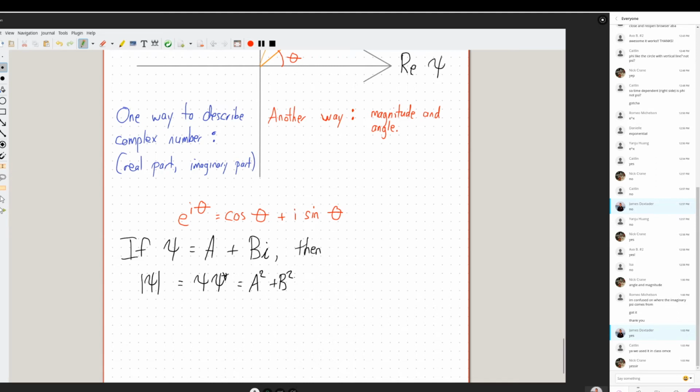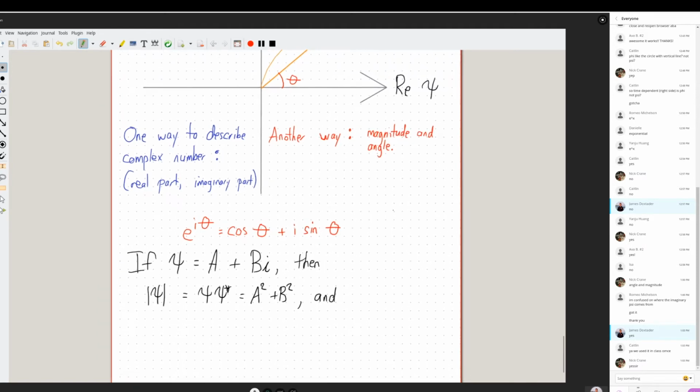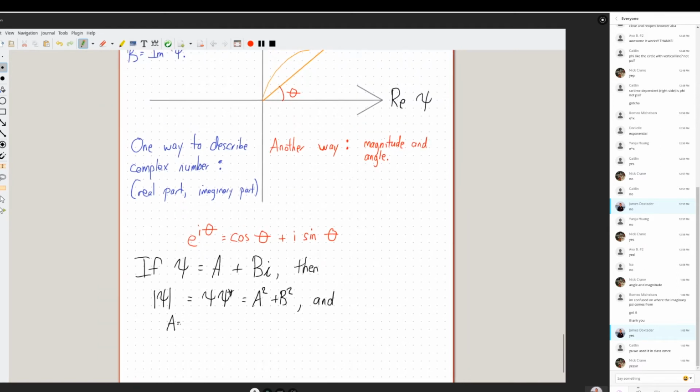And A equals magnitude times cosine of the angle, B equals magnitude times sine of the angle.